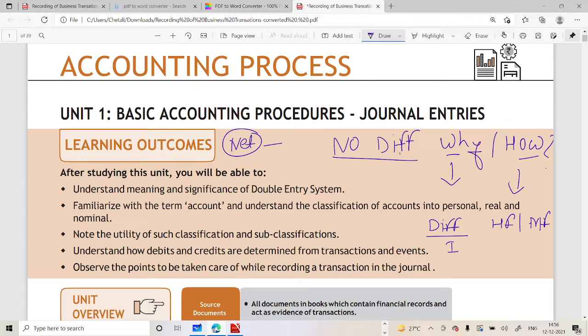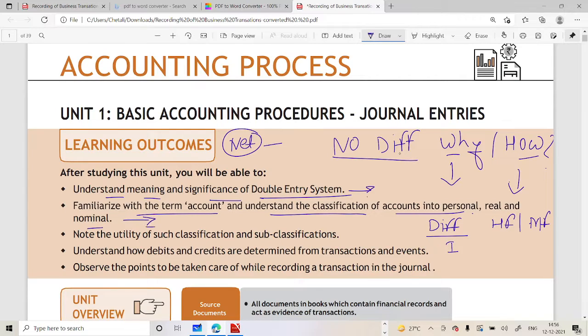Okay, why do we want to study this? Because we just want to understand the meaning and significance of a double entry system. That is what we want to go through in this particular session. Then the importance of this session is to familiarize with the term account and understand the classification of accounts into personal, real, and nominal.